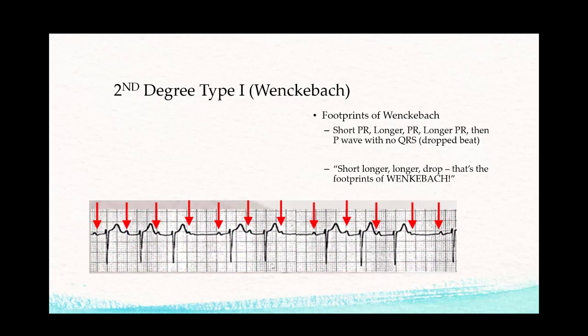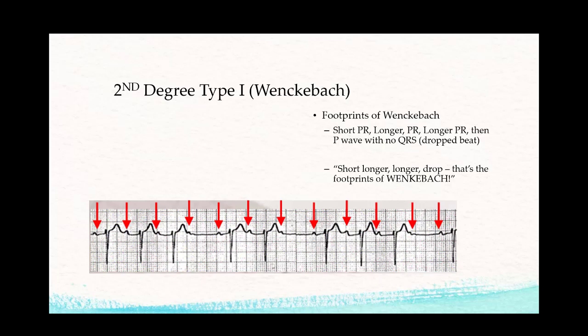So our PR interval is short. It keeps getting progressively longer until a beat is dropped. Short, longer, longer, drop. That's the footprints of Wenckebach. Patients with Wenckebach, or second degree type 1, generally don't have any signs or symptoms of this.